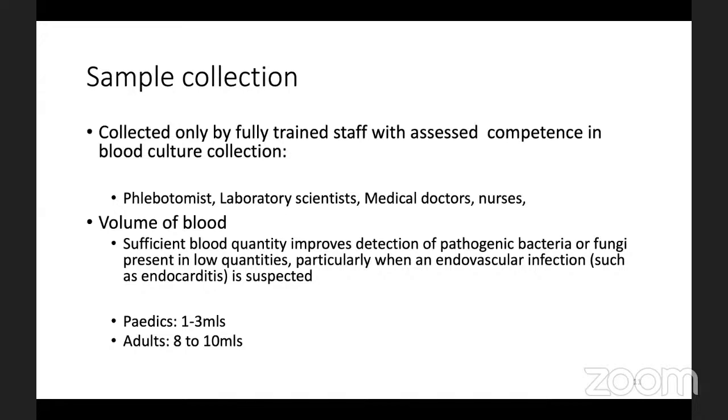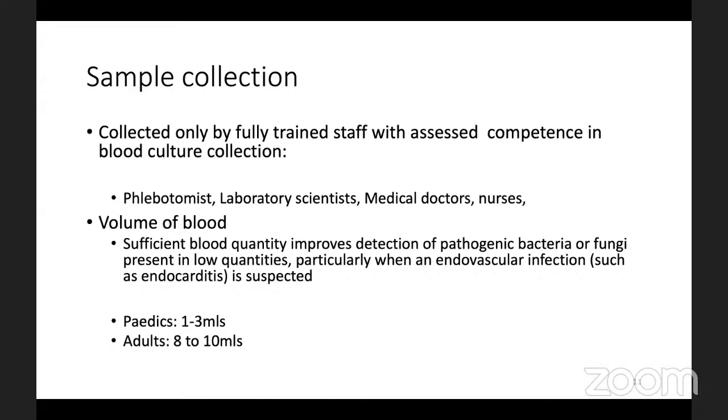So how is the sample collected? The blood sample should be collected by a trained personnel who has the competence of collecting blood culture samples. So you can have a trained phlebotomist, a laboratory scientist, medical doctors or nurses who are all trained and have the competence for doing that process can do it.